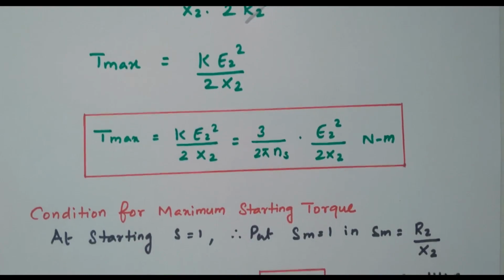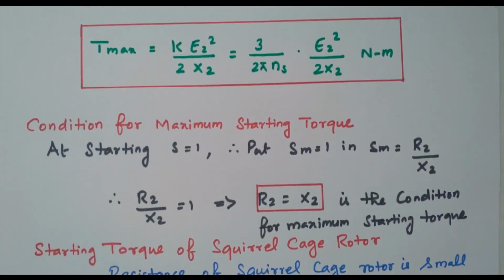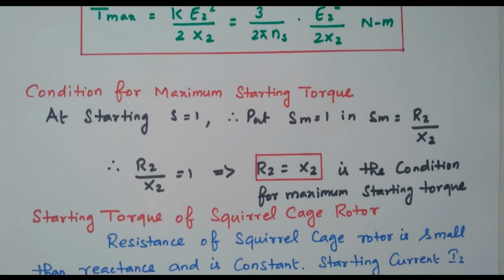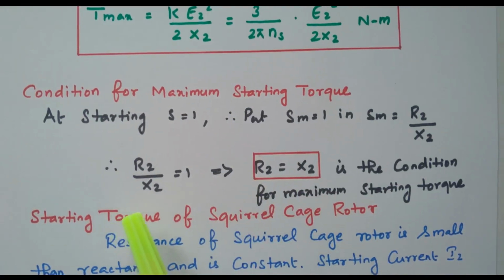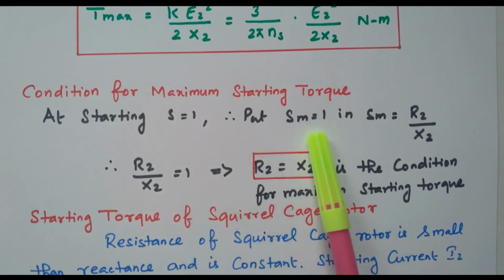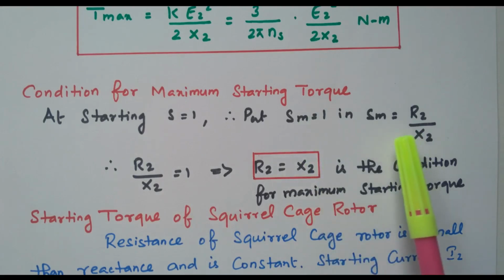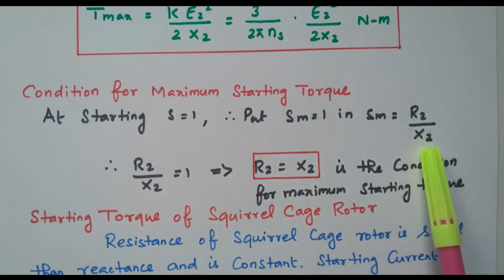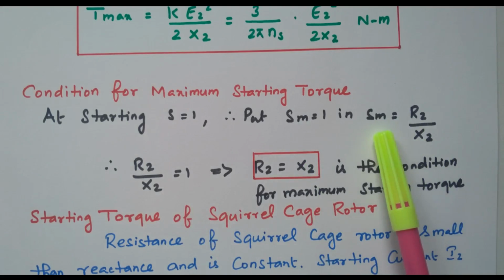Now we will see the condition for maximum starting torque. We already discussed the maximum torque, now it is the maximum starting torque. At the starting, the slip equals 1. That is Sm equal to 1 for the condition Sm equal to R2 by X2. If Sm equal to 1, what will happen?